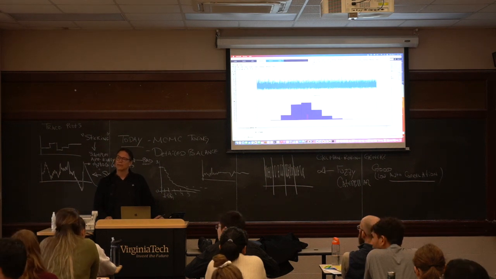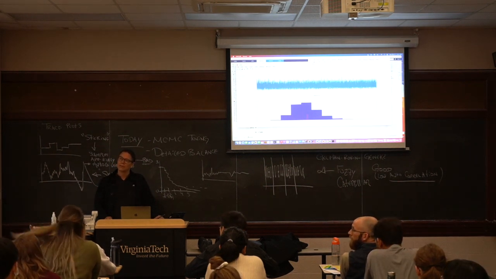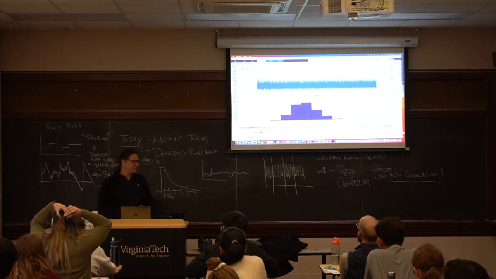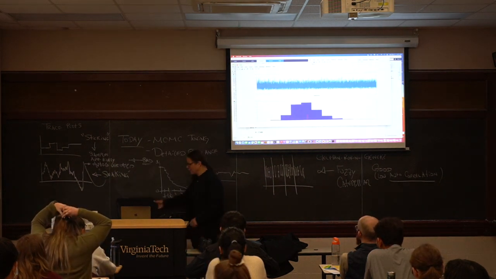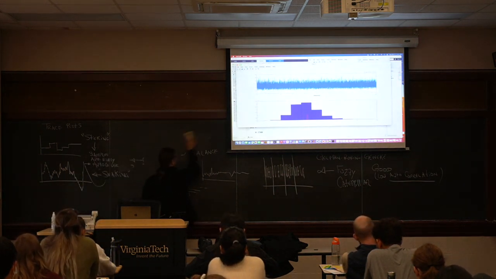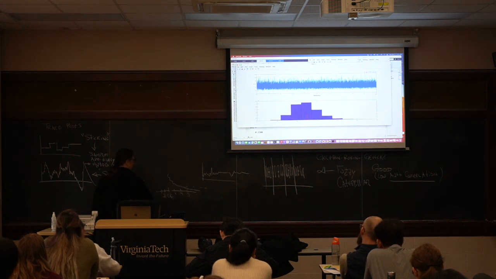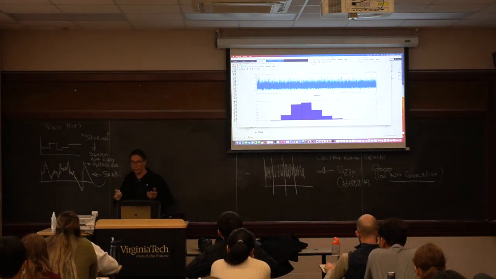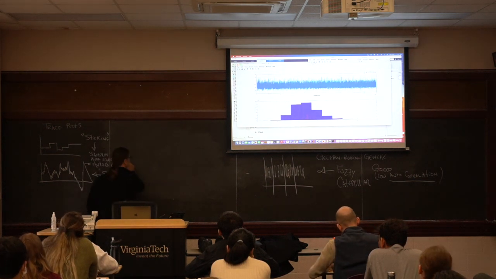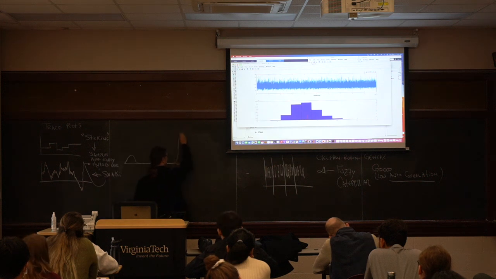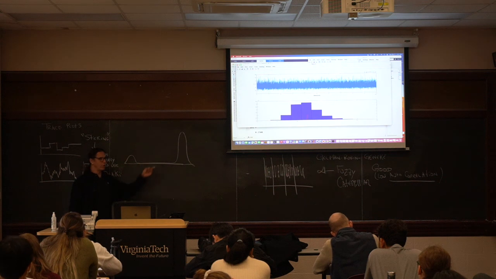Sam? What type of trace plot would you expect if you had a distribution with multiple modes? You would see something like this. If you had a multimodal problem, and this is the clear example you could think of, you've got some mode over there, and you've got some mode over here, that are very far apart.